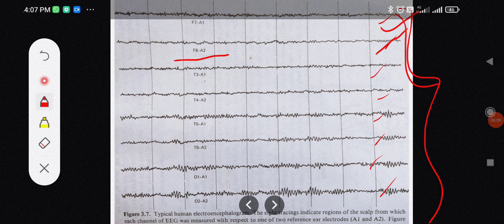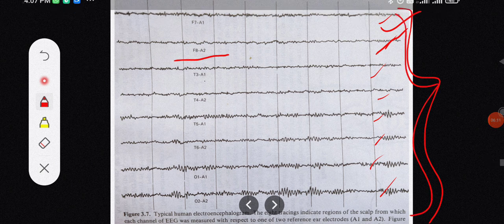So these are for the same incidences at the same time, taken for different locations of measuring electrodes. Now experiments have shown that the frequency of EEG waveforms gets affected by the mental activity of our brain.